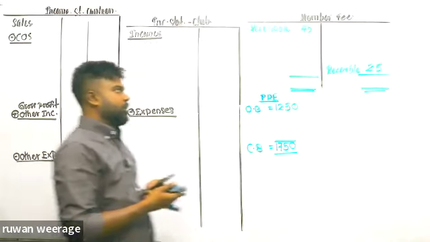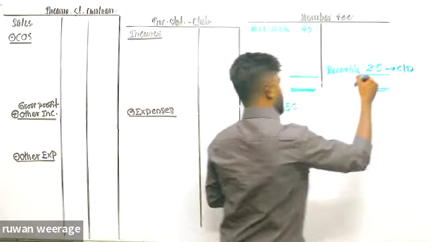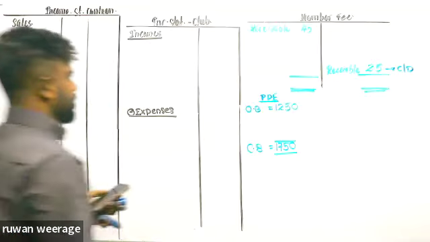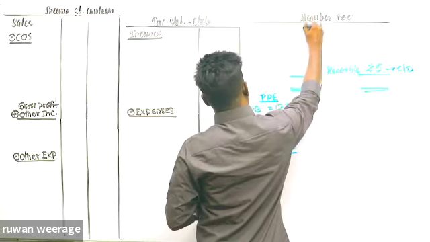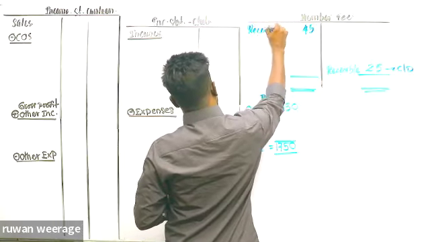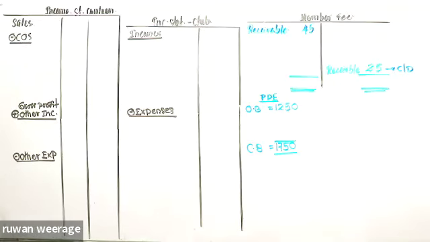The closing balance comes from here, credit carry down. This is receivable. Right. Next item, stock of the canteen.